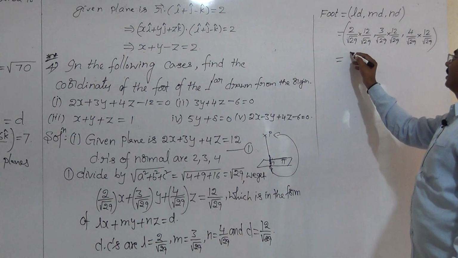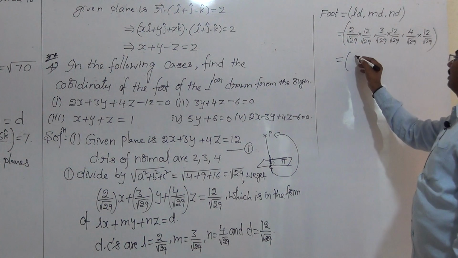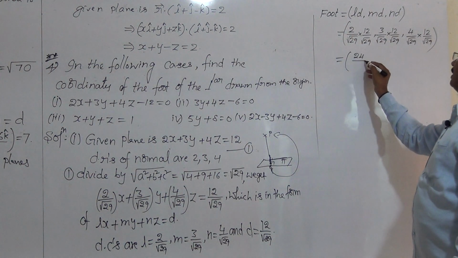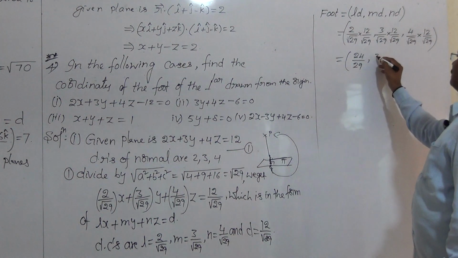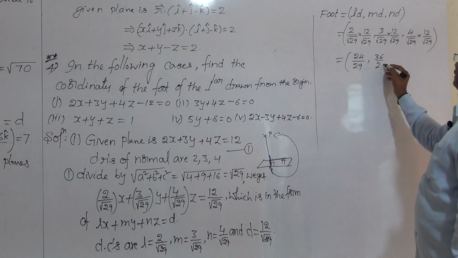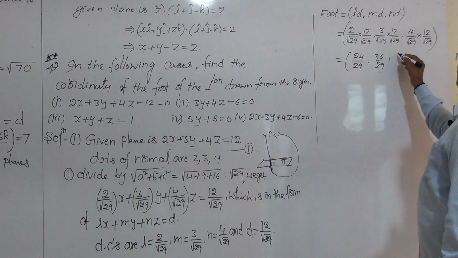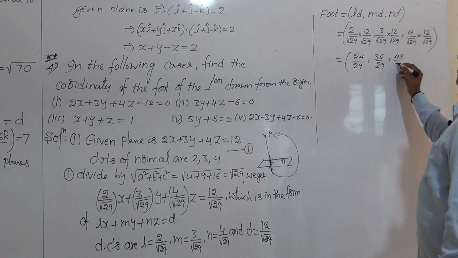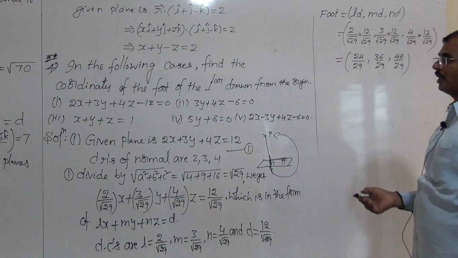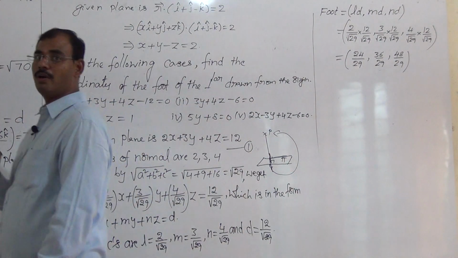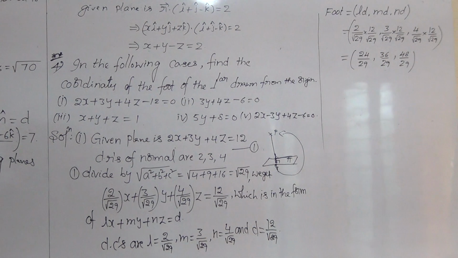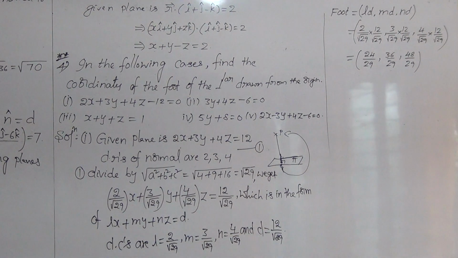Simplify: 2 into 12, 24 by 29, 3 into 12, 36 by 29, 4 into 12, 48 by 29. This is called the foot of the perpendicular of the point P.